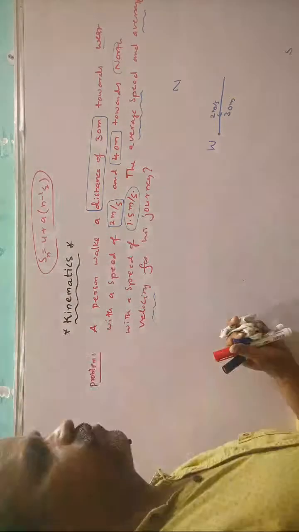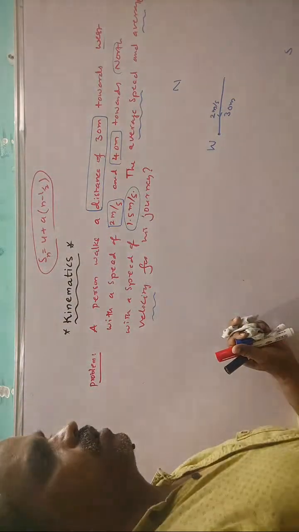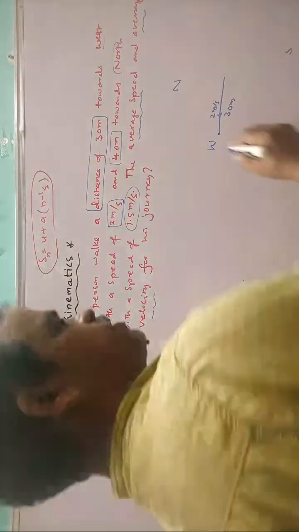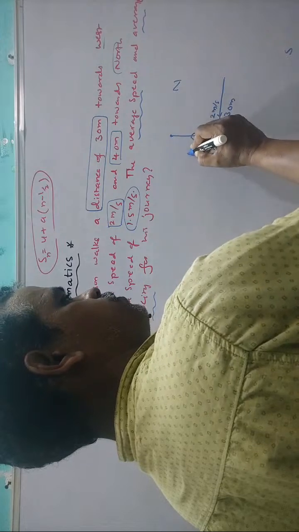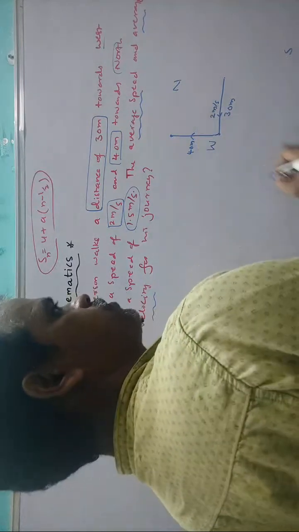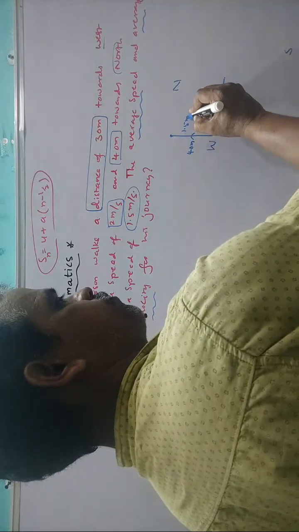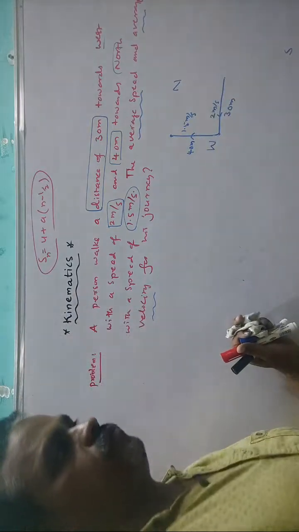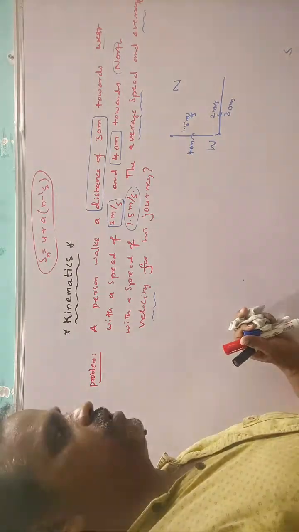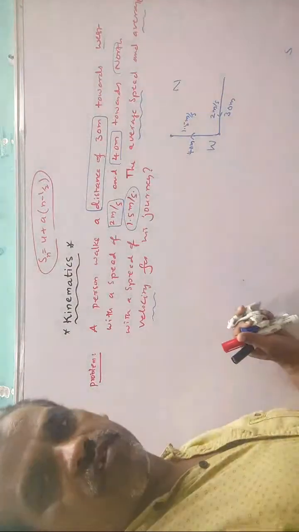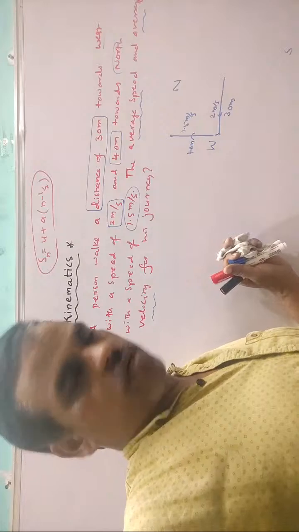Next, 40 meters towards north. Here it is 40 meter towards north with a speed of 1.5 meter per second. So this is the information we have.